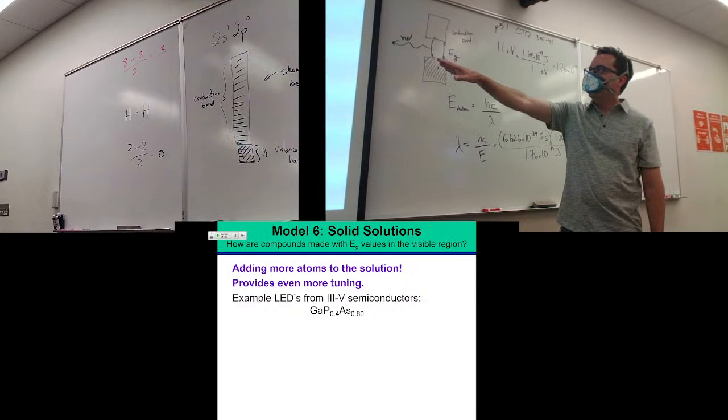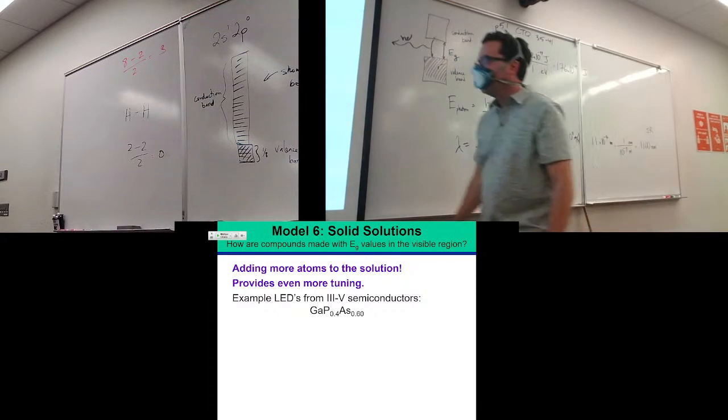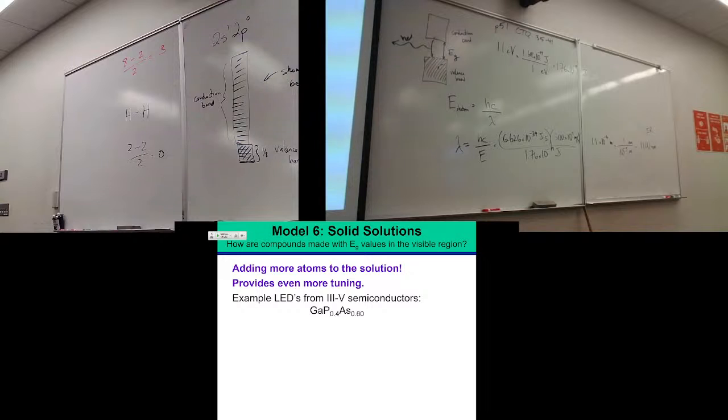with these isoelectronic materials, remember how it worked. We took germanium, which had 4 valence electrons. We took half of the germaniums, replaced it with gallium, and the other half we replaced with, for instance, arsenic. Well, now half of them are still gallium, but the other half is a mixture of phosphorus and arsenic.